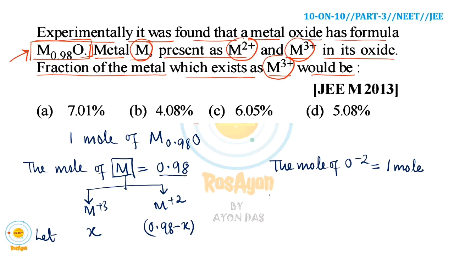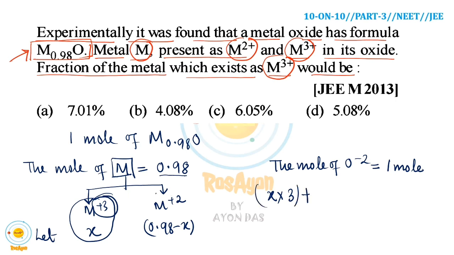Now we calculate the total charge. The charge from M+3 equals X into 3, because the charge is plus 3. That's clear?